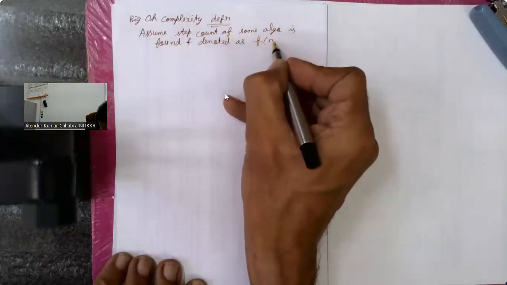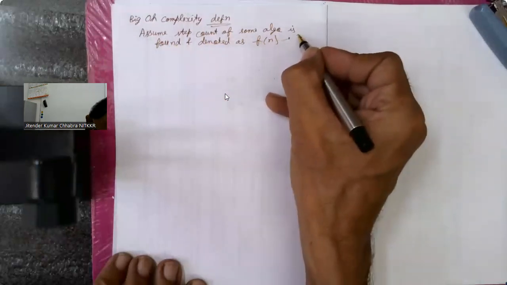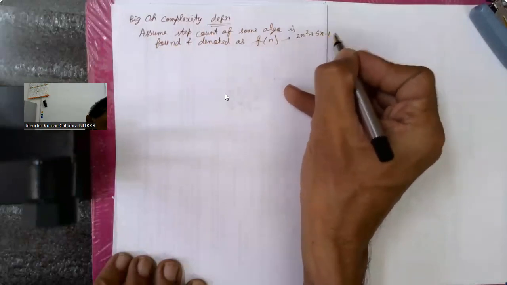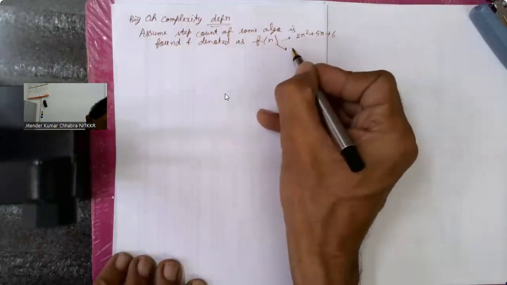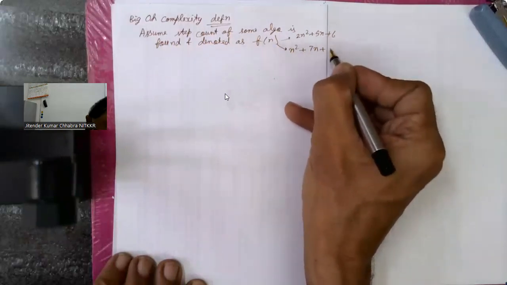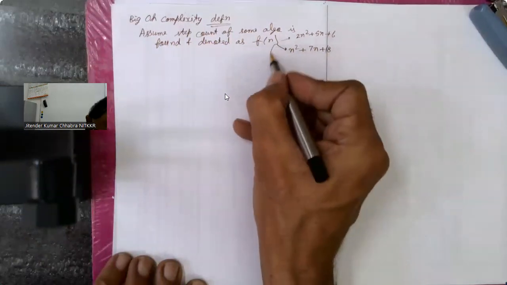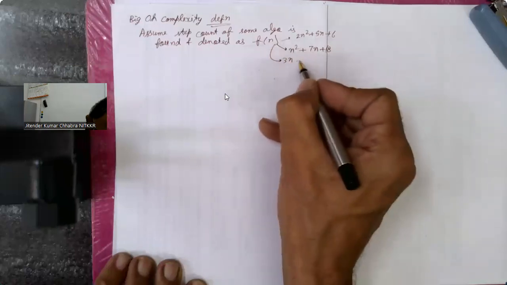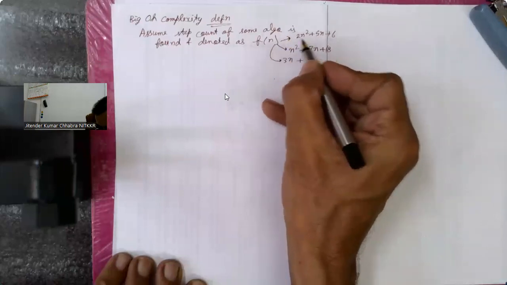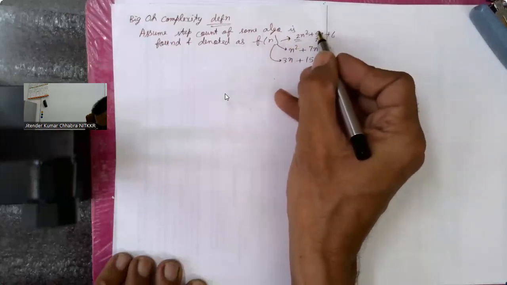For example, f of n could be 2n square plus 5n plus 6, or n square plus 7n plus 18, or 3n plus 15. Whatever the exact count of steps, having all these constants also.